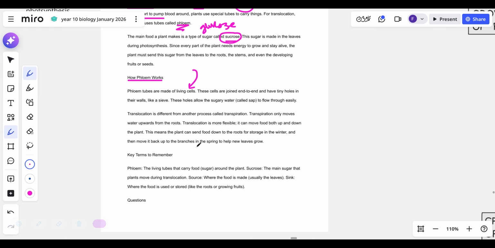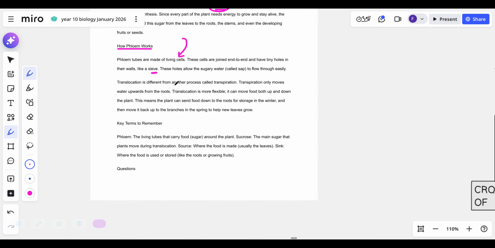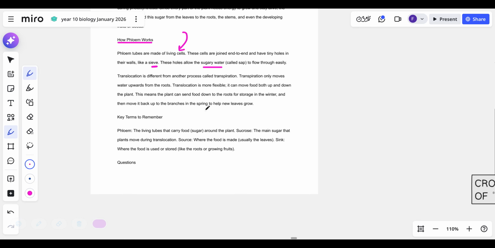Now, here are the tiny holes that make up the sieve plates. And if you work with plants, you'll realize plants have sap, and it's a sugary water. Those holes in the sieve plates allow the movement of that sugary water.